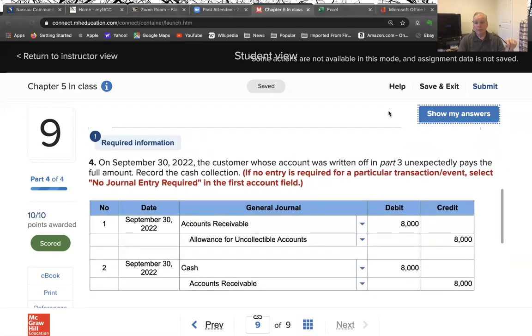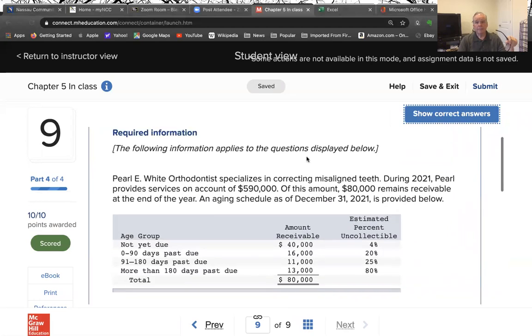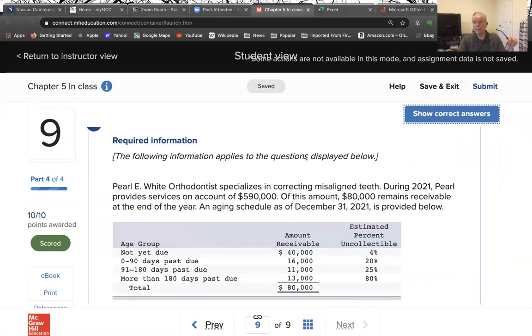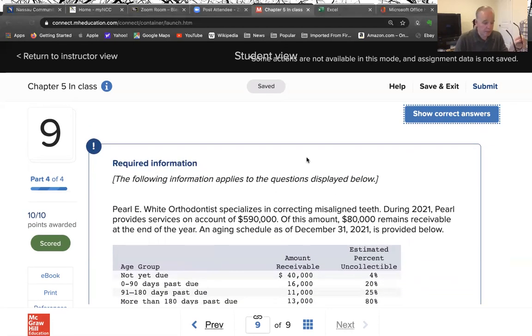Okay. So now that's chapter 5. That's the homework from chapter 5. Maybe we should look at another one since we have time.